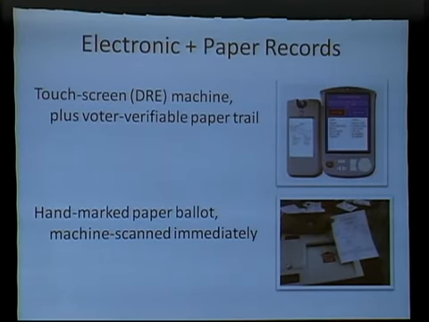They're touchscreen machines that have had paper trails added to them, where every time you vote, they print out a piece of paper and put it into a ballot box. And there are ballot scanning machines that let you fill out what looks like a Scantron test form and have it scanned immediately right in the voting place, so that you find out whether you've made any mistakes and can see, with some of the better machines, how the machine recorded your vote.